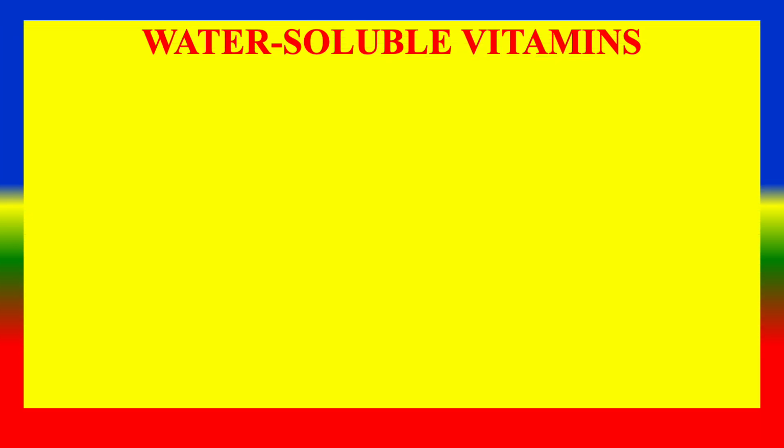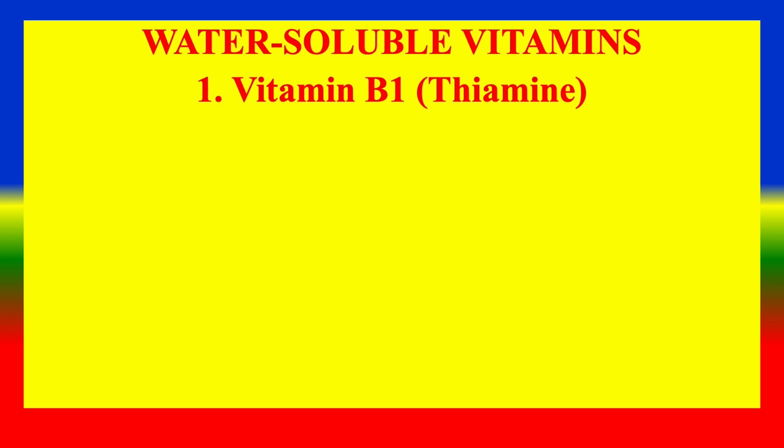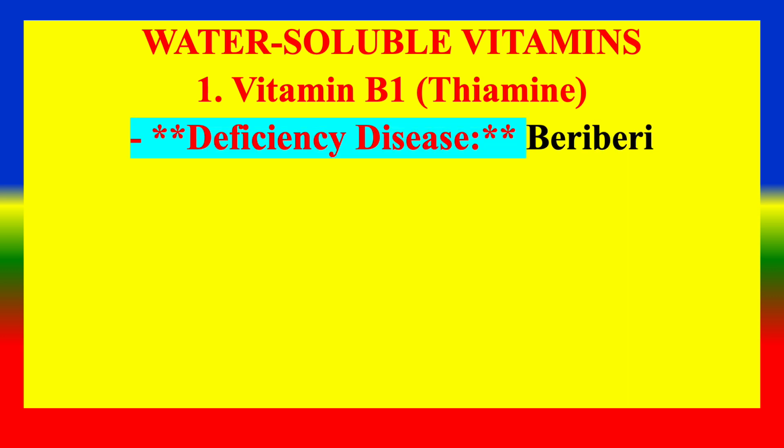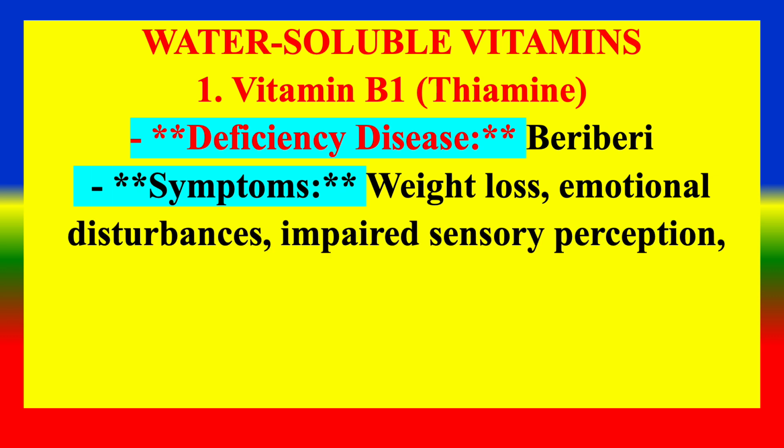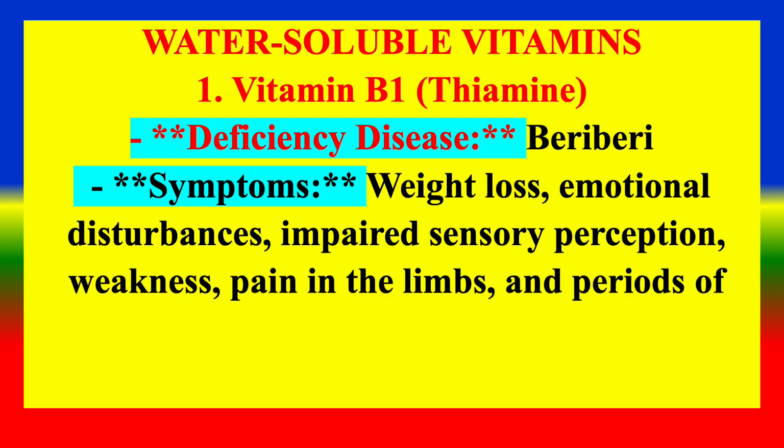First, water soluble vitamins. 1. Vitamin B1, thiamine. Deficiency disease, beriberi. Symptoms: weight loss, emotional disturbances, impaired sensory perception, weakness, pain in the limbs, and periods of irregular heart rate.